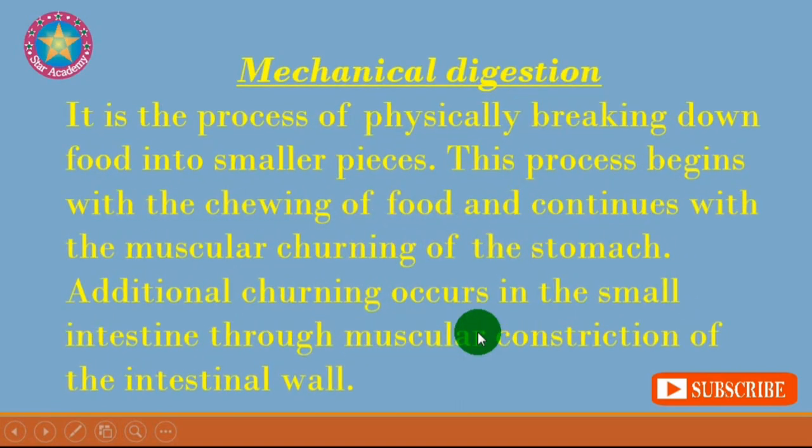Mechanical digestion. It is the process of physical breaking down of food into smaller pieces. This process begins with the chewing of food and continues with the muscular churning of the stomach. Additional churning occurs in the small intestine through muscular constriction of the intestinal wall.